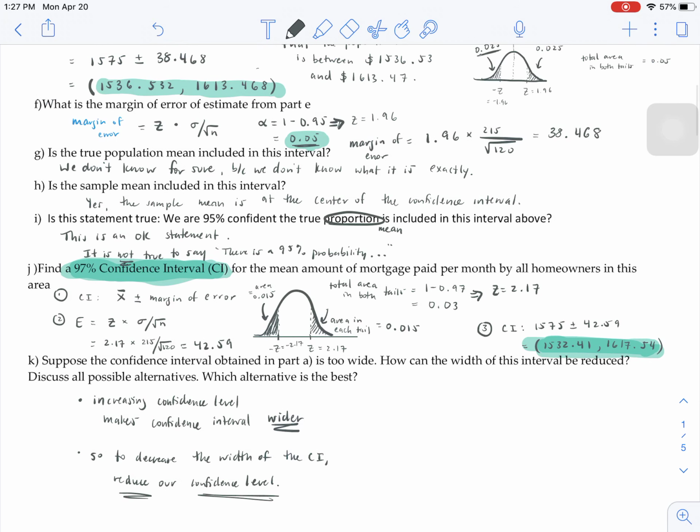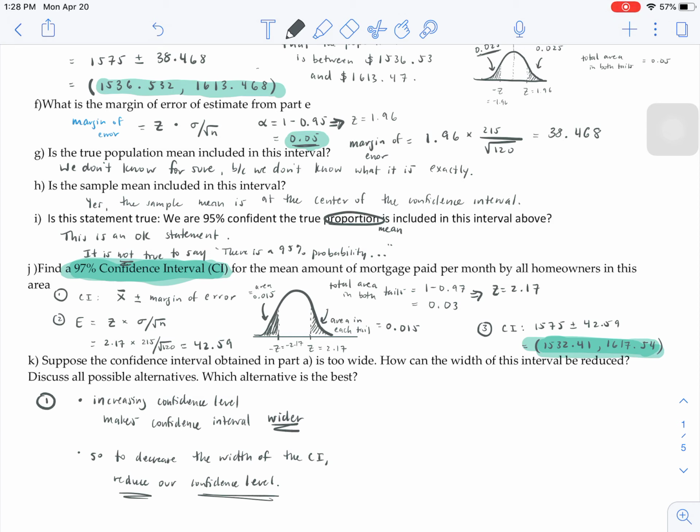So instead of perhaps a 95% confidence interval, we should make a 90% confidence level interval or an 80% confidence interval. So that's one way we can make our interval less wide.